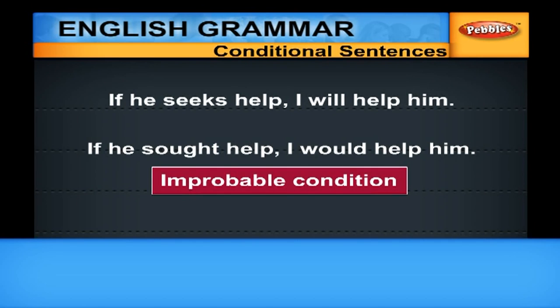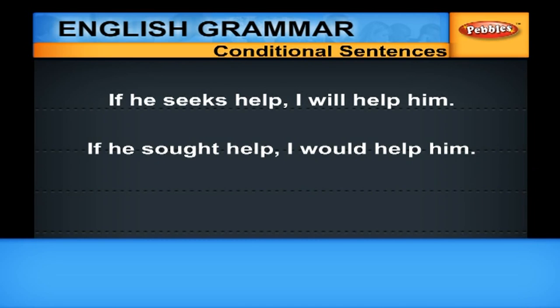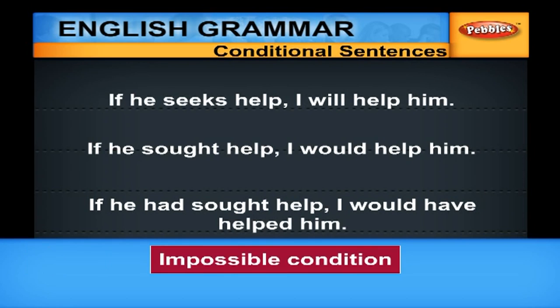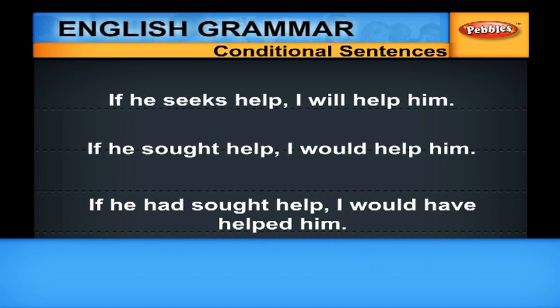Here, the speaker suggests that the other person would not seek his help, so the chances of him helping are less. If he had sought help, I would have helped him. Impossible condition. Here, the implication is that he did not seek help, so he was not helped.